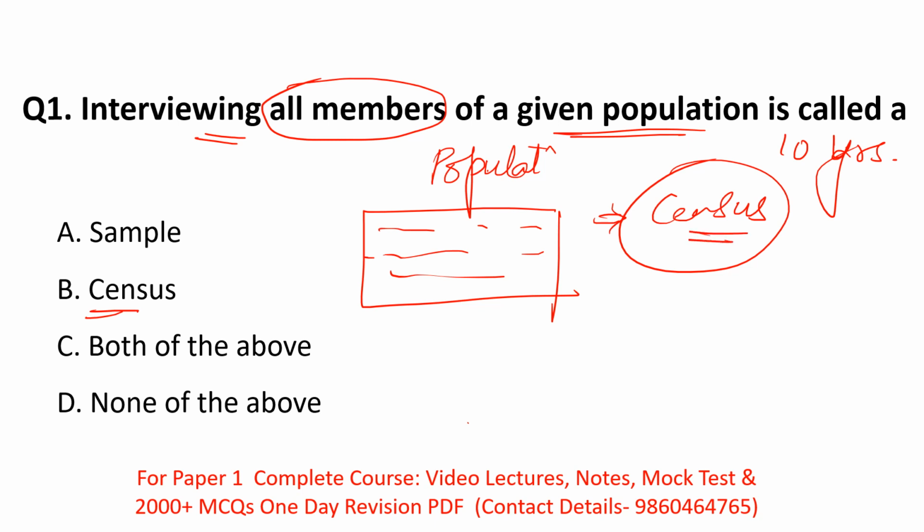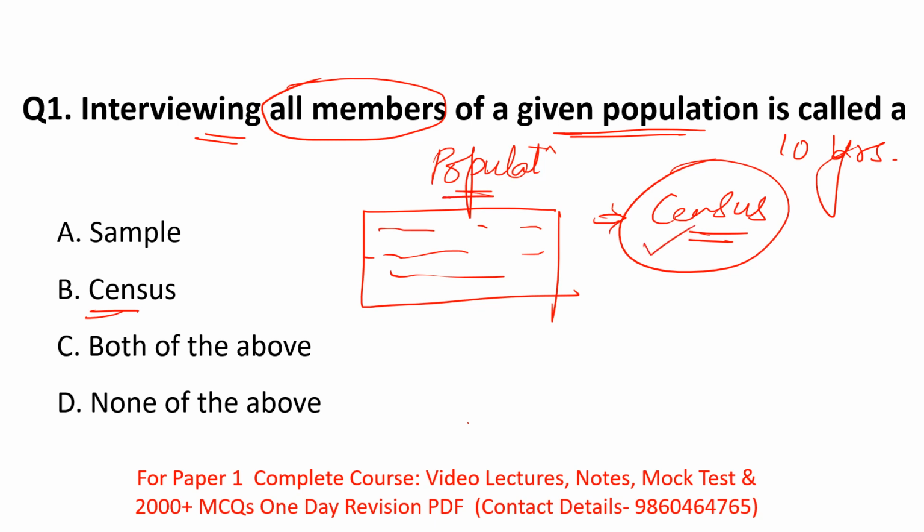Through a census, we can know how many people are educated in India, how many people are working, and how many are not working. So through a census, a researcher can study the population of a particular country or city. Whenever a researcher performs research on the whole population, it is known as census.